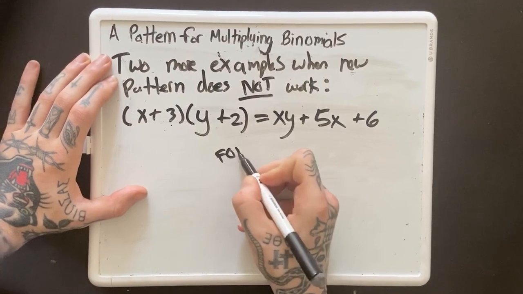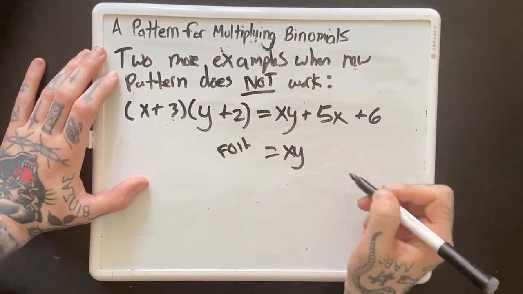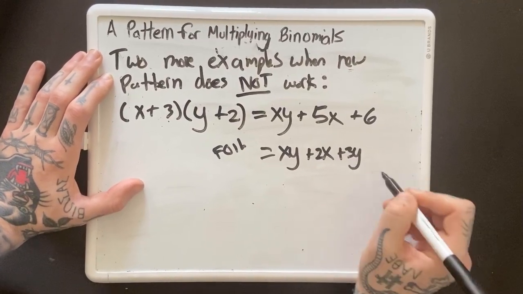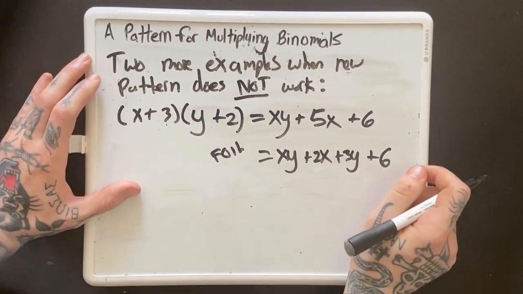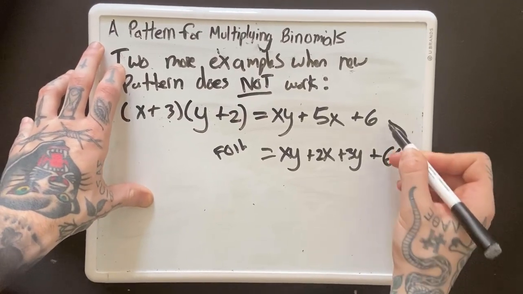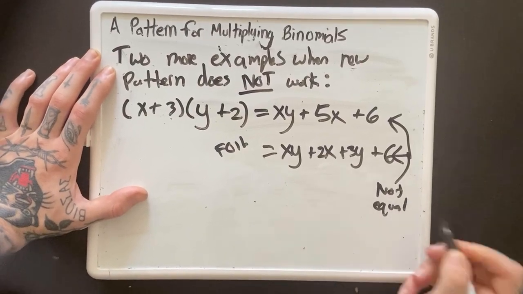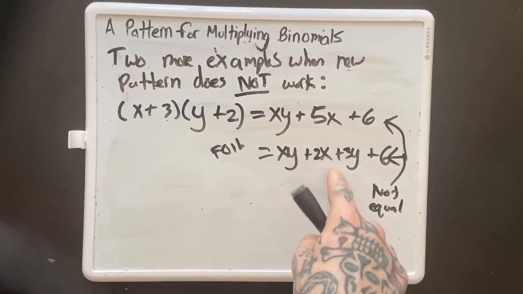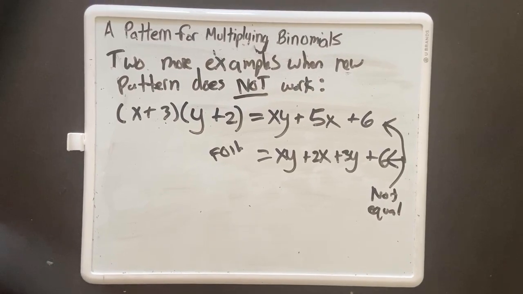So now we're going to FOIL. We're going to get xy plus 2x plus 3y plus 6. Okay, we can't combine any terms because there are no like terms. And these are not equal. Okay? But we see that 2 plus 3 does equal 5, but they're not like terms, so we can't add them.